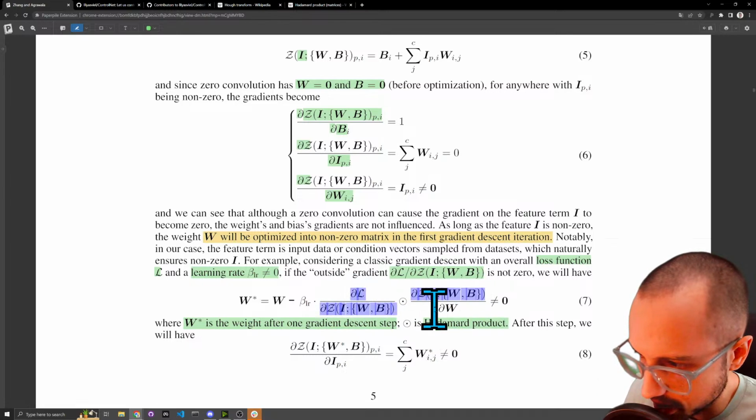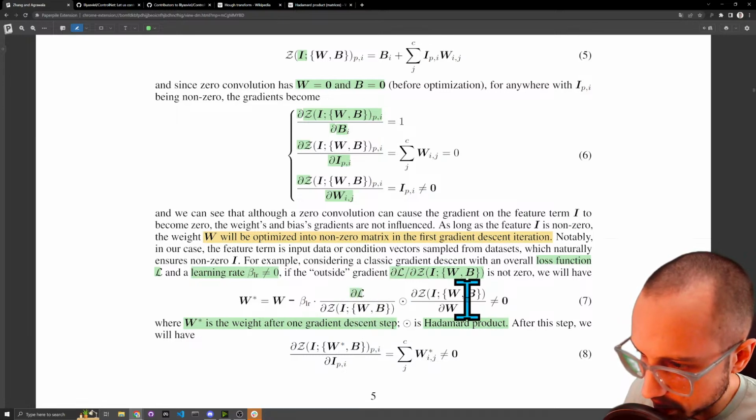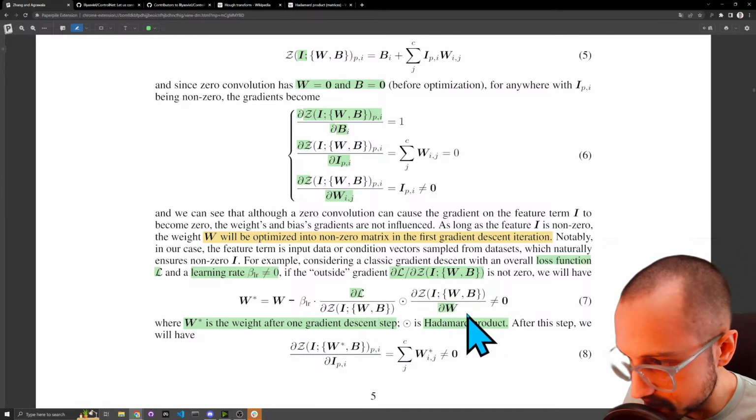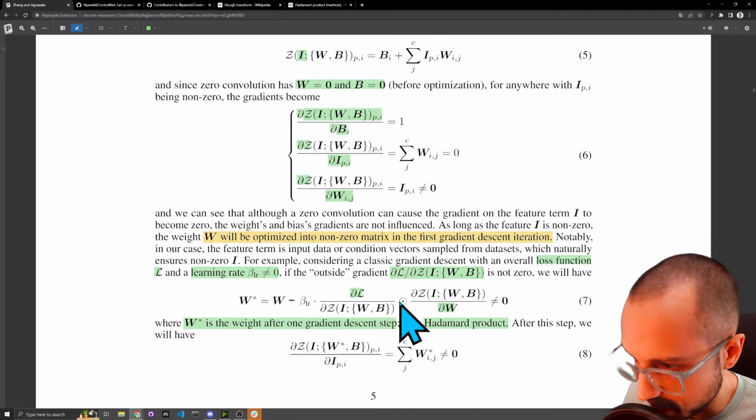This is actually just the chain rule. The derivative of the loss with respect to the weights, you can chain rule that and say dL/dW is the same thing as dL/dZ times dZ/dW. But dL/dW, you don't know what that is, but you do know what dL/dZ and dZ/dW are.